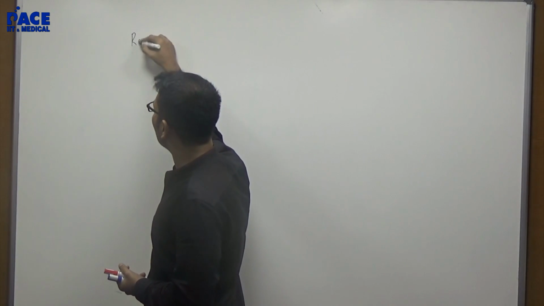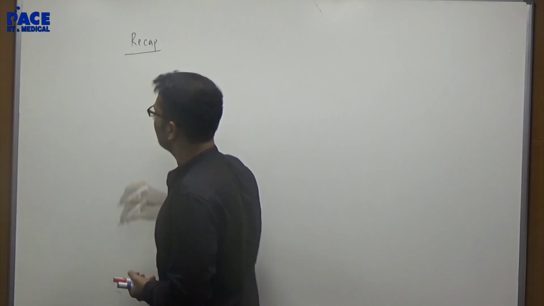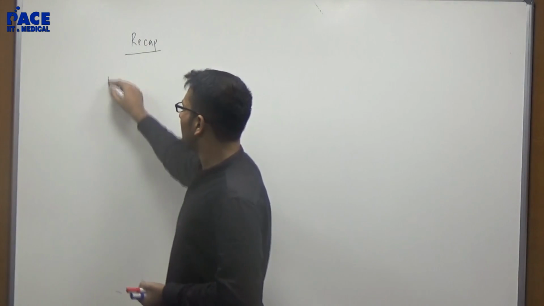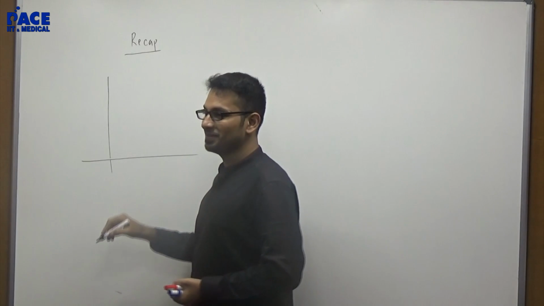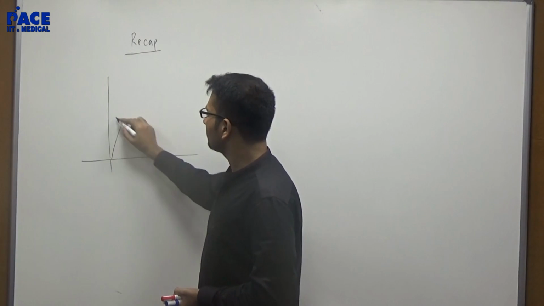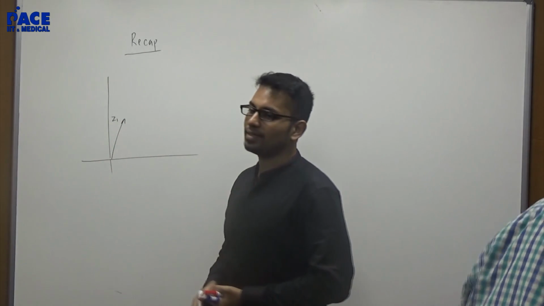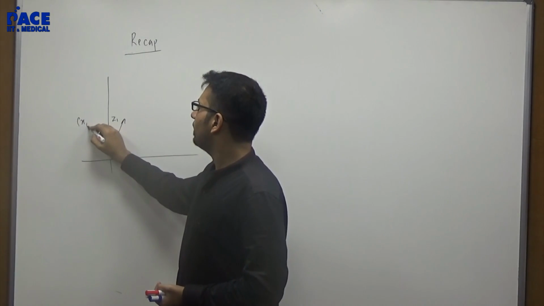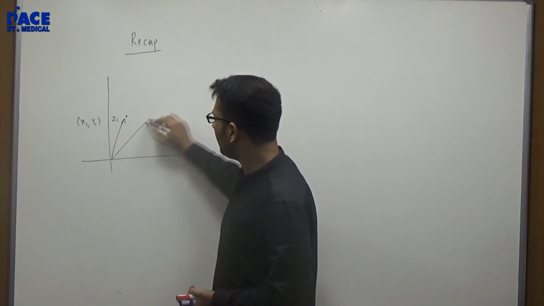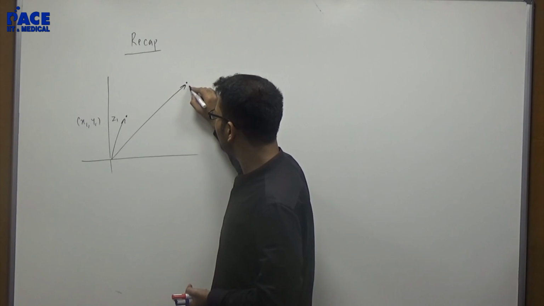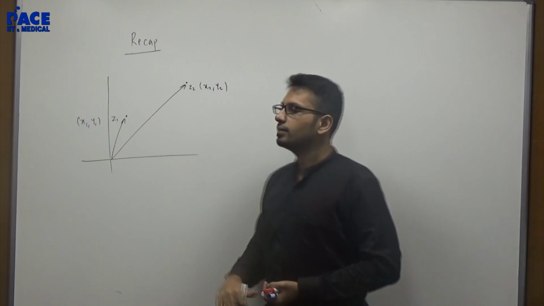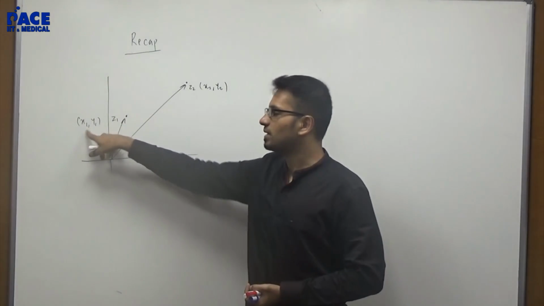Just a quick recap of what we did last time. So अभी याद हो. So last time मैंने ये बताया था, अगर एक कॉम्प्लेक्स नंबर है Z1 representing the point x1 y1, okay, and if I have a complex number Z2, that means this is x2 plus i y2, this is x1 plus i y1.